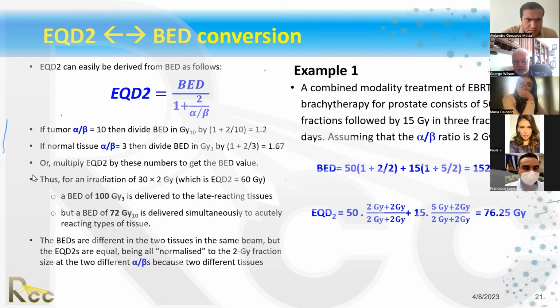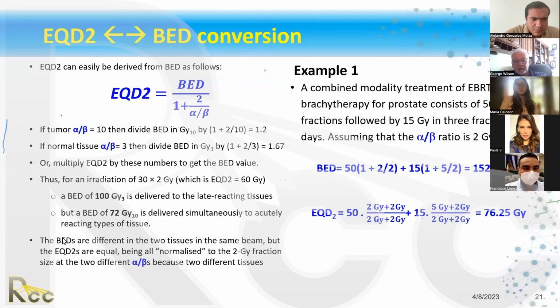Let's look at a comparison. For an irradiation of 30 fractions of 2 gray, that will give us an equivalent dose in 2 gray of 60, because it's 2 gray per fraction. If we calculate BED for a late responding normal tissue, it's going to be 100 gray 3. And for an acutely responding tissue with an alpha beta of 10, this fractionation schedule would give us 72 gray.